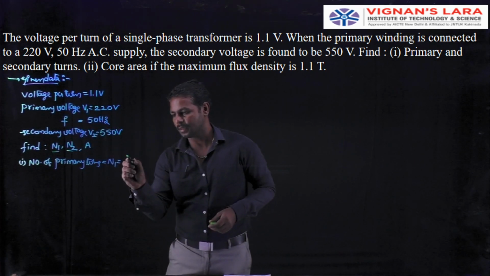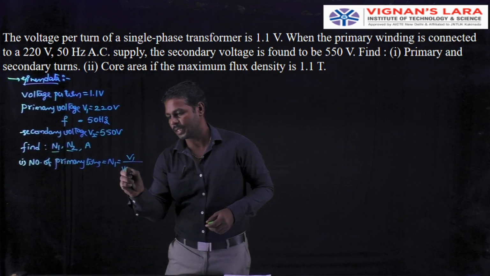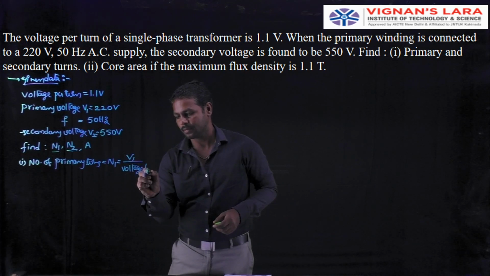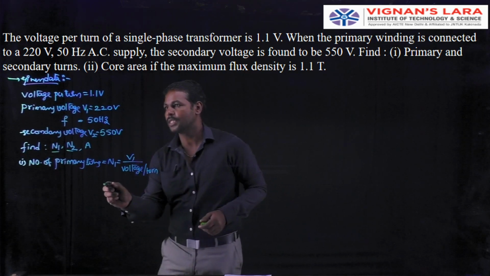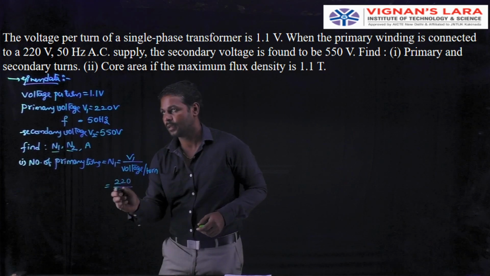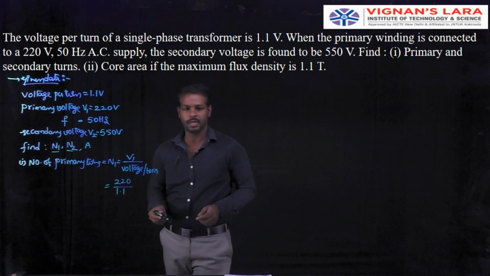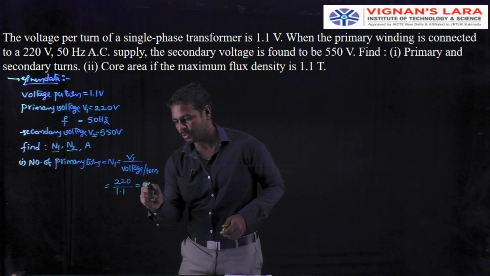That means N1 is V1 divided by the voltage per turn, which is equal to 220 divided by 1.1. 220 divided by 1.1 is equal to 200 turns.